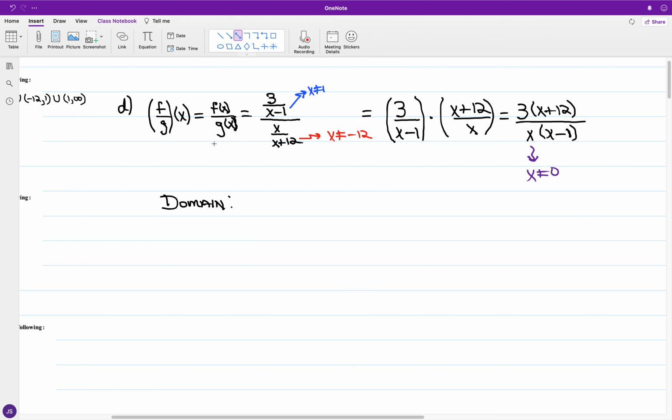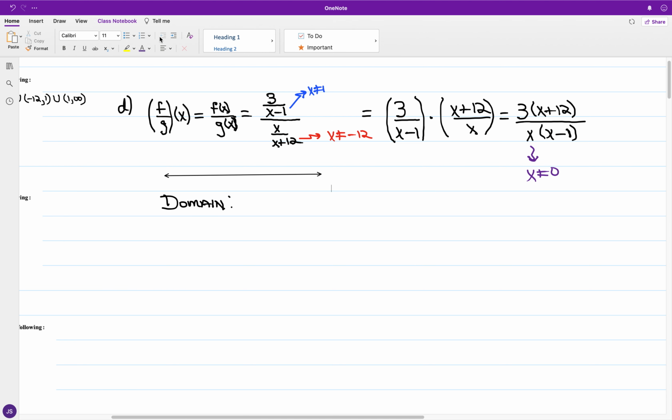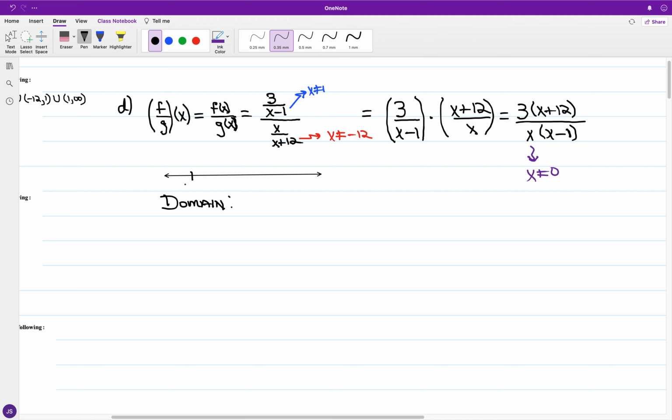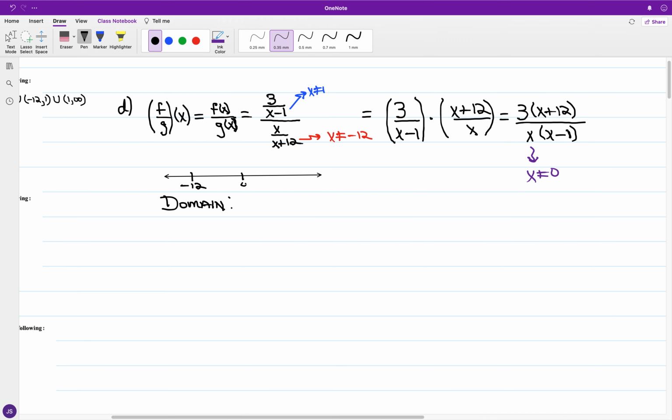Just providing somewhat of a visual for what we have here. We have values left out at negative 12, 0, and 1. Negative 12 is excluded, 1 is excluded, and 0 is excluded.